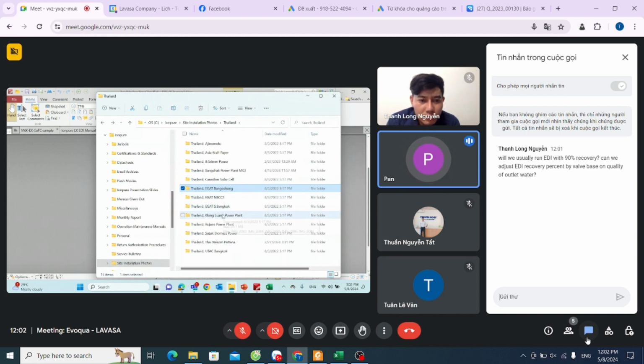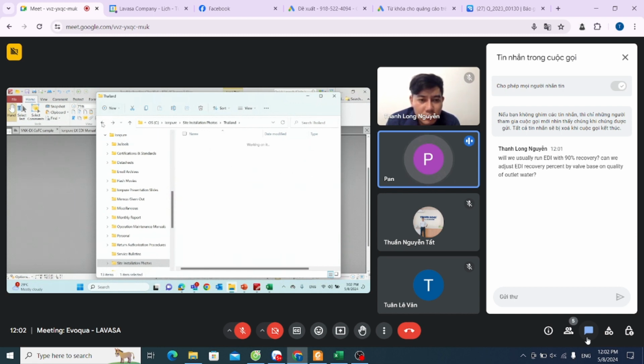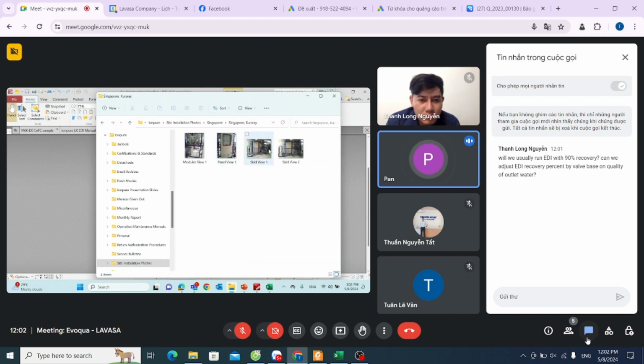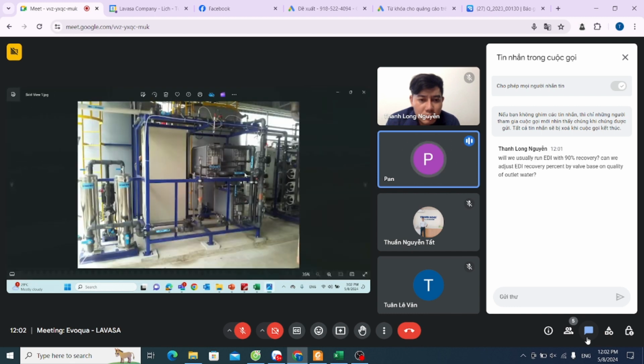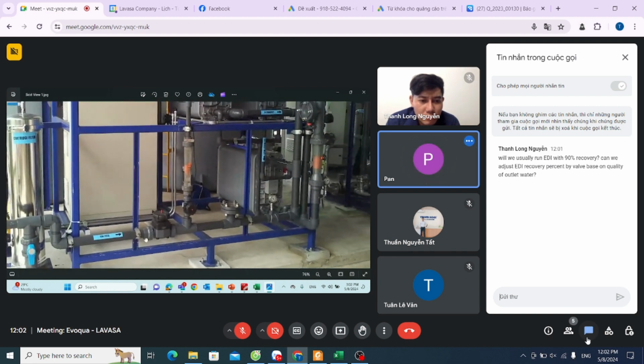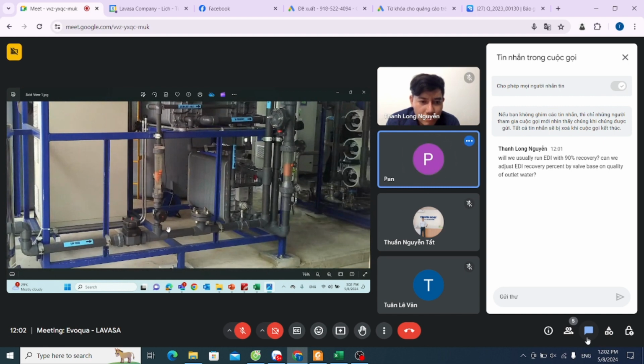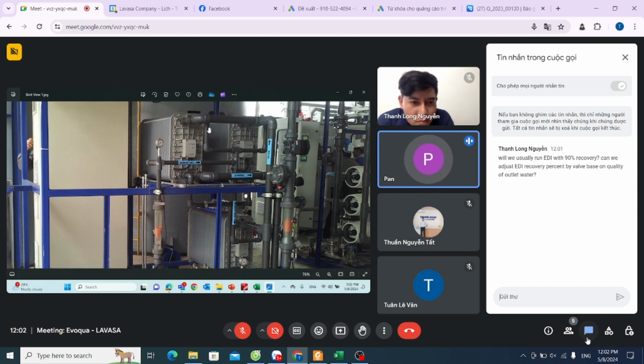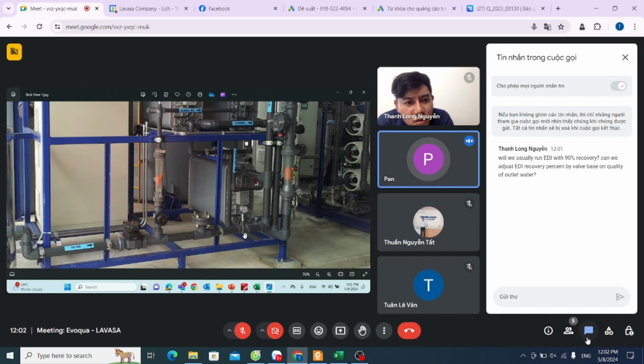I can show you a very simple one. I have one in Singapore. This is a very simple skid system: tank, cartridge filter, EDI feed. There's a T-off, so a portion of it has a flow meter and goes into the top.